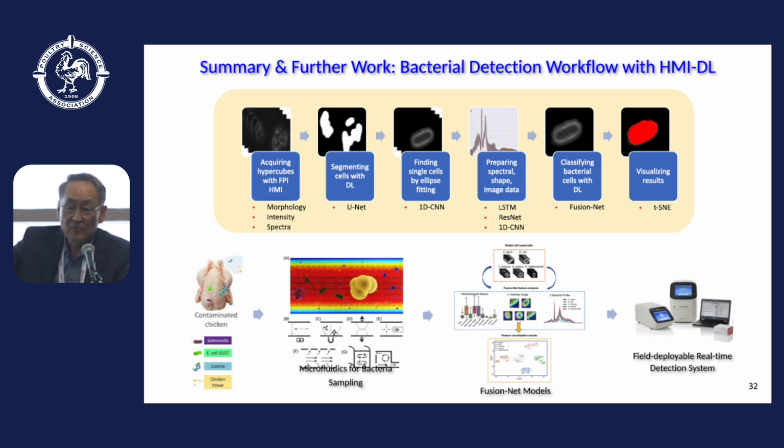Once the microfluidics is completed, we can collect samples such as chicken carcass rinse directly, collect the bacteria, collect the data from the hyperspectral microscope, apply the machine learning and deep learning model, and classify or identify. Okay?